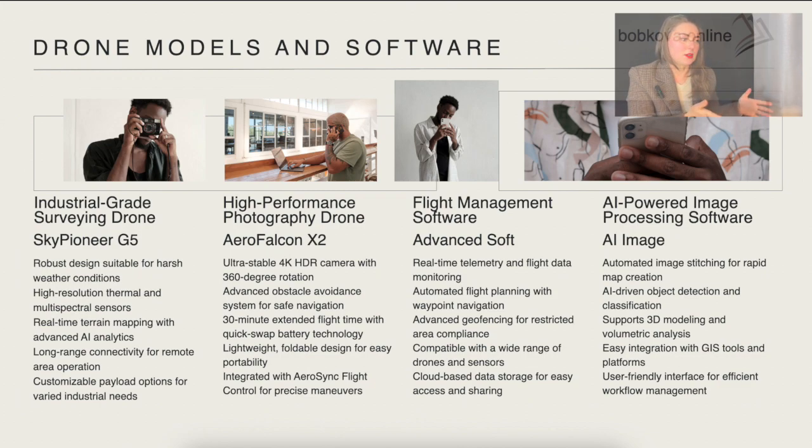So: an industrial grade surveying drone with its name and features, a high performance photography drone, and the two pieces of software, flight management software and AI powered image processing software. As an auditor, I have already outlined the area of the audit, what I need to look into to better understand the quality management system, when I see the product and services range.